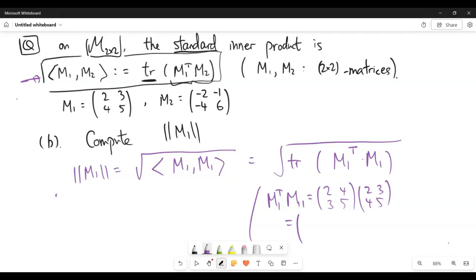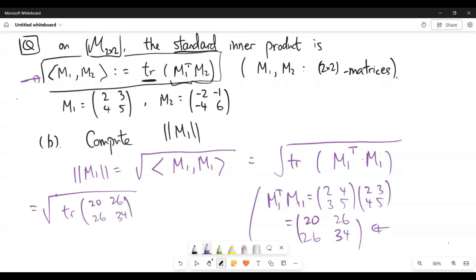Then you'll see the answer is as follows. This is the matrix product of the two matrices, and now we are looking at the trace of this matrix. Please recall the trace is the addition of the diagonals, which is 20 plus 34. So the answer would be the square root of 54. And that's the end of this question.